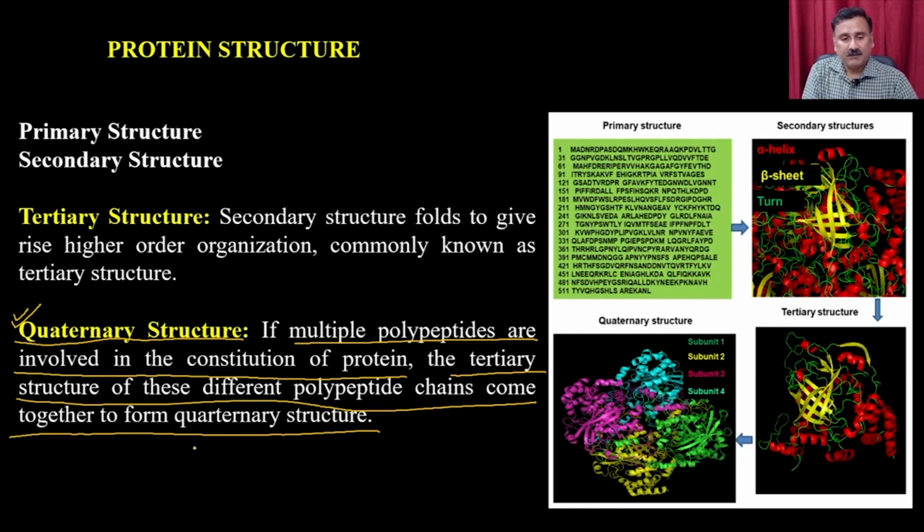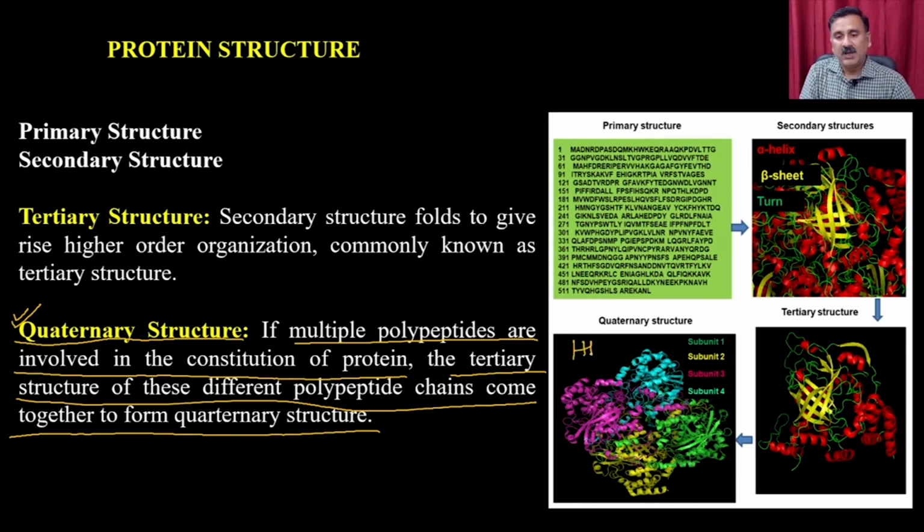The answer is, if multiple polypeptides are involved in the constitution of the protein, the tertiary structures of the different polypeptide chains are going to come together, and that's how it is going to give you the quaternary structure.